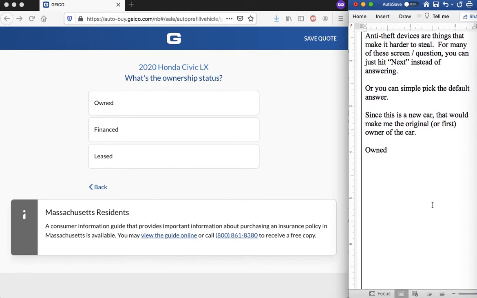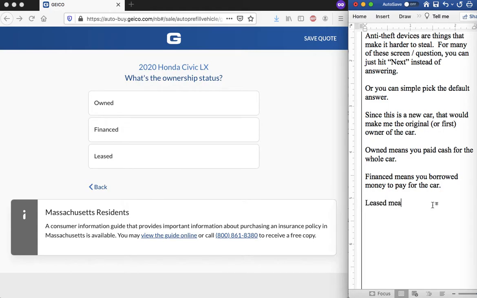Owned means you paid cash for the whole car. Financed means you borrowed money to pay for the car.